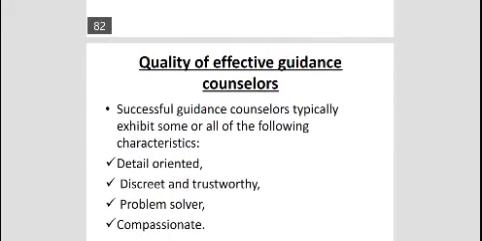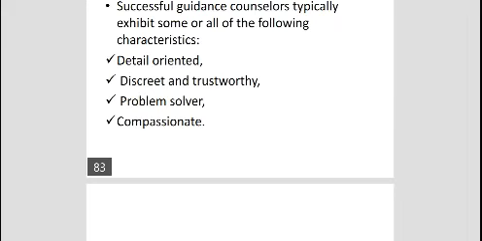Let's see the qualities of an effective guidance counselor. What are the qualities of effective guidance counselors? Successful guidance counselors typically exhibit some or all of the following characteristics: detail-oriented, discreet and trustworthy.